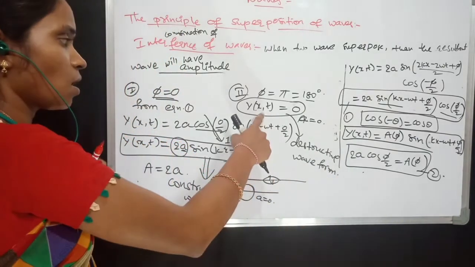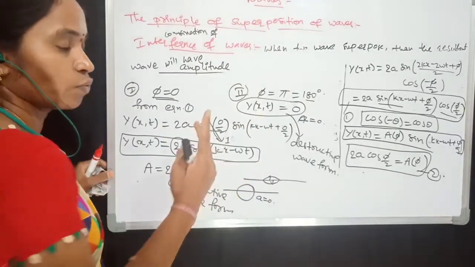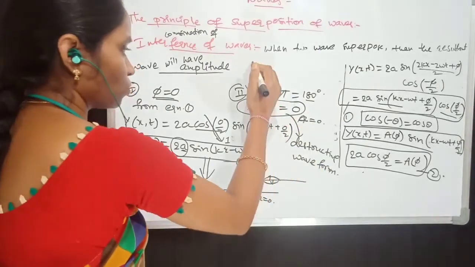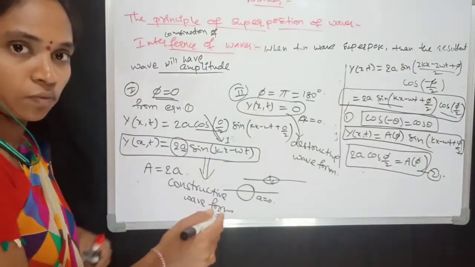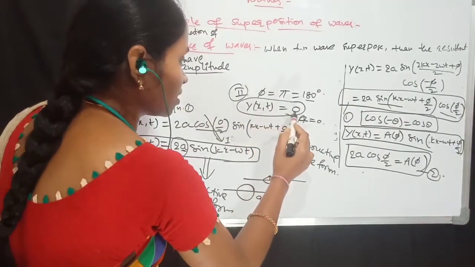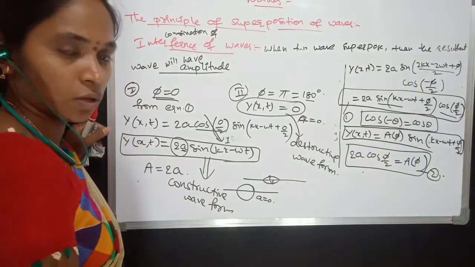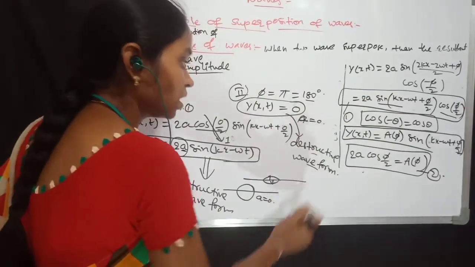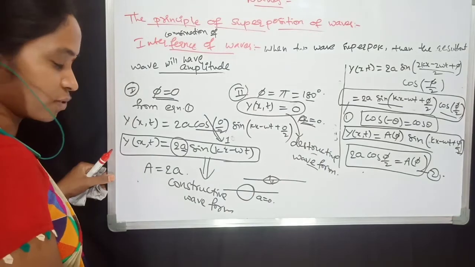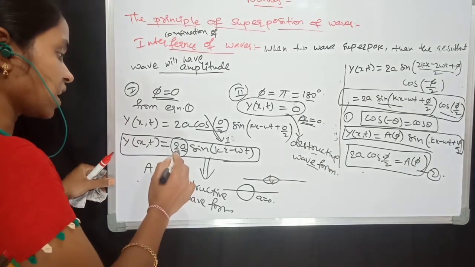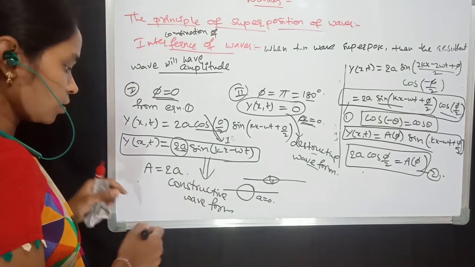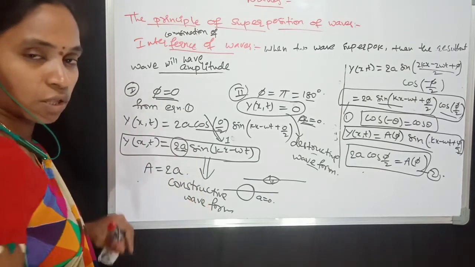Because after adding the two waves, that is y1 and y2 waves, the resultant displacement is equal to 0. Therefore this waveform is said to be destructive waveform, and also in this case the amplitude is equal to 0. For constructive waveform, the amplitude will be twice the initial amplitude. Therefore it is said to be constructive waveform.